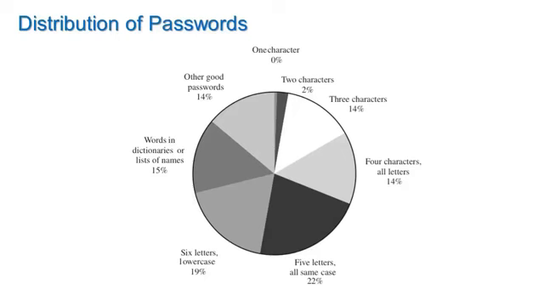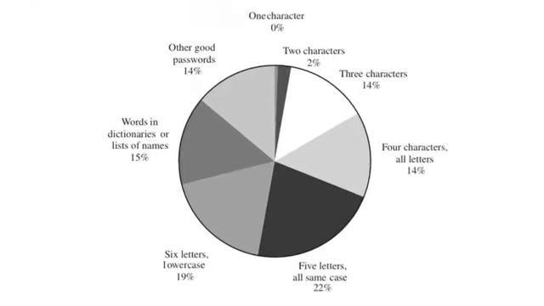After analyzing the passwords of a very large number of people, researchers were able to assemble this pie chart, which I think says something very important and very scary about the current status of password usage in the world. As shown in this chart, 2%, or about 1 out of every 50 passwords, uses only 2 characters.